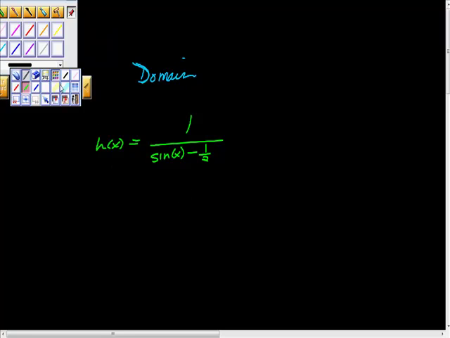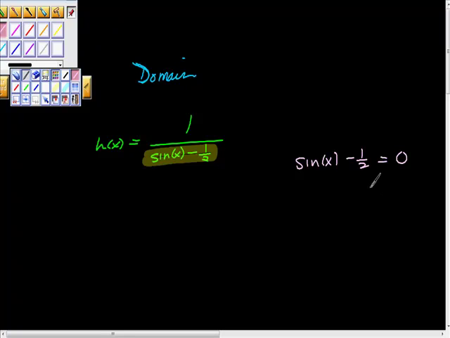Again, my first concern is always this thing down here. If this value down here ever gets to 0, we're going to have a domain issue, so we have to take that out of our domain. So I'm going to break that out and ask myself: when is sine of x minus 1/2 equal to 0?